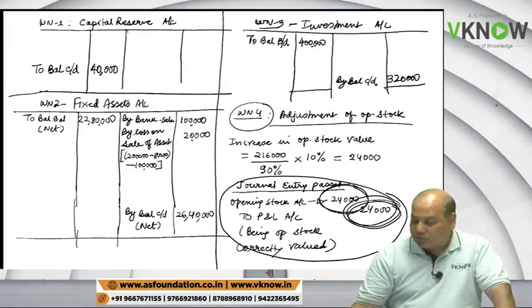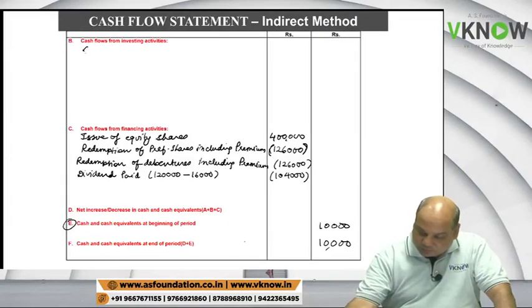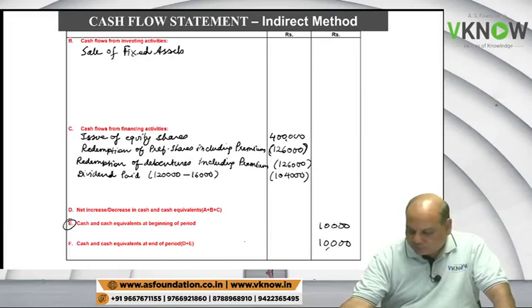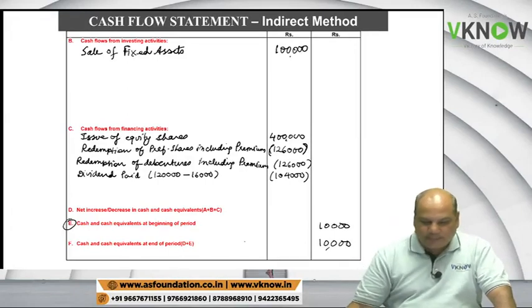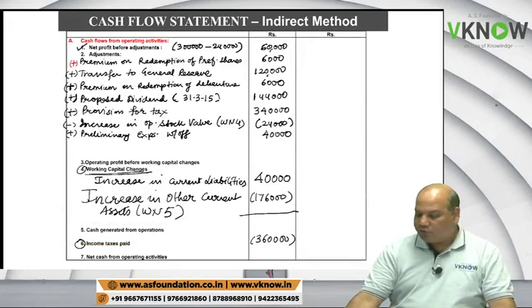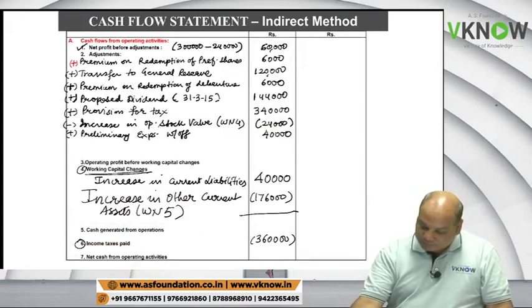Bank 1 lakh sale value, investing activity, sale of fixed asset 1 lakh. This is given in the question. And the loss which you have debited to P&L account, add back.